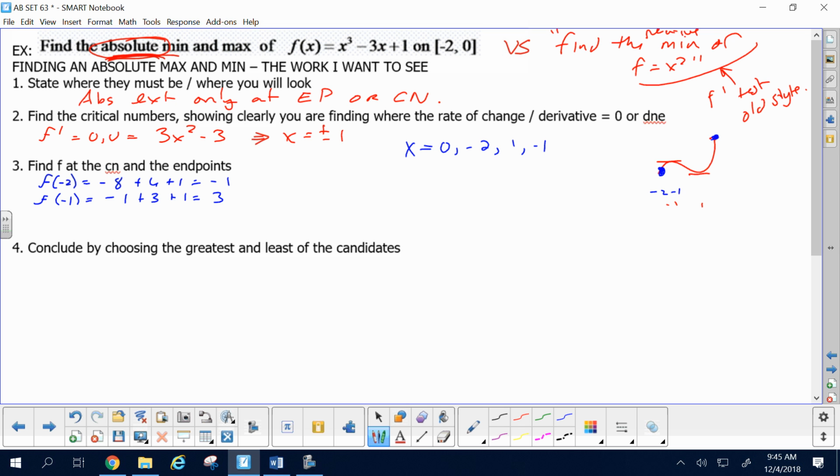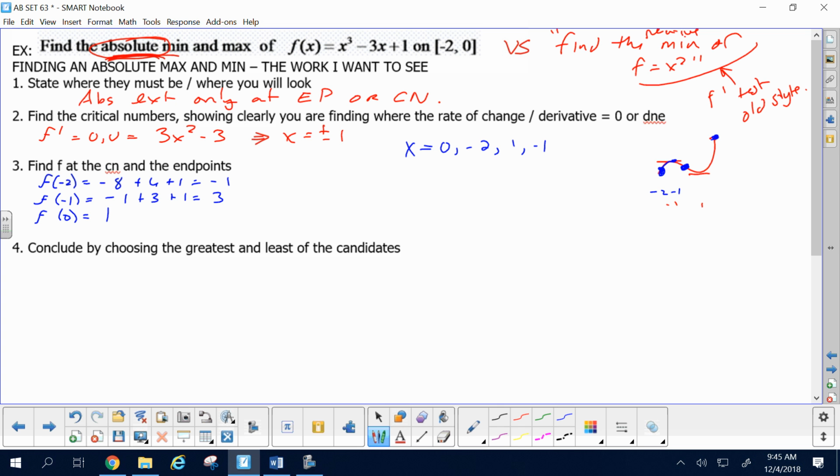By the time I got to -1, the curve had climbed to 3. Now I'm going to say what happens as we go to the next point. What's the next point of interest? 0, right? What's f at 0? 1. Okay?